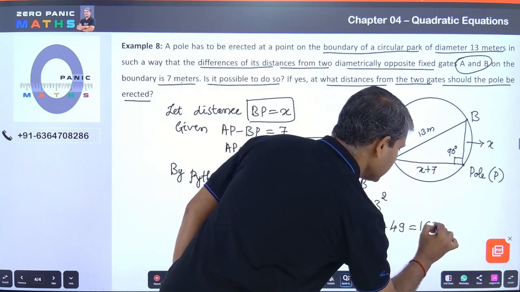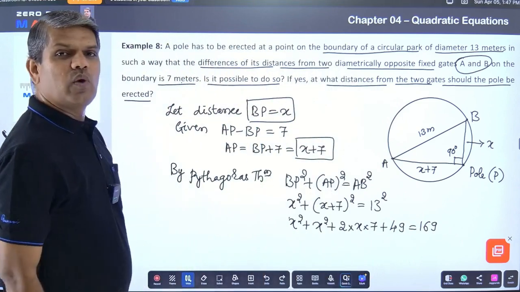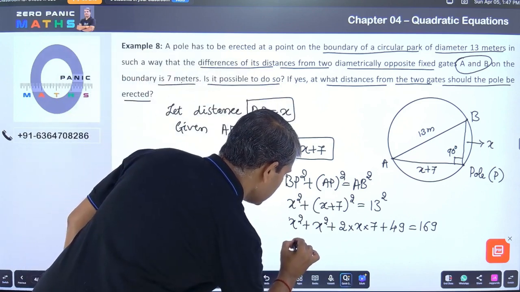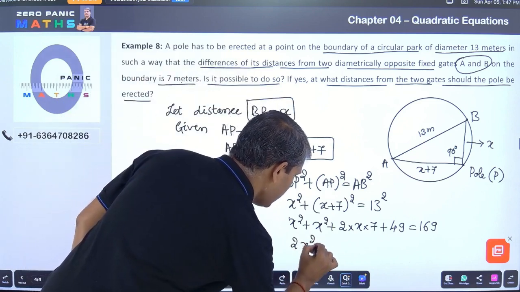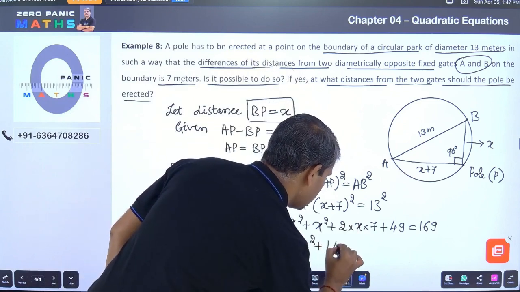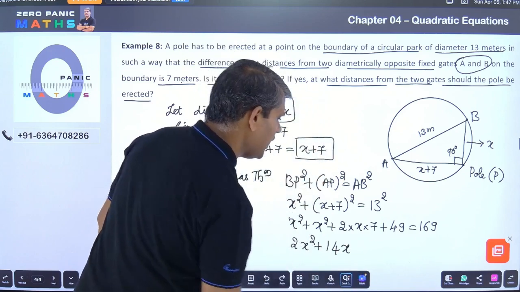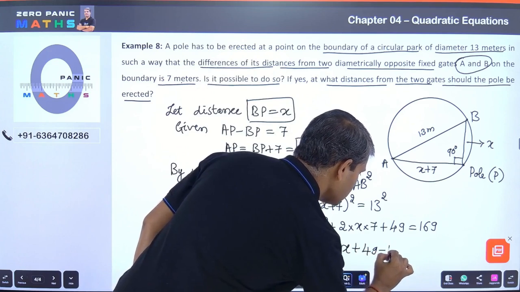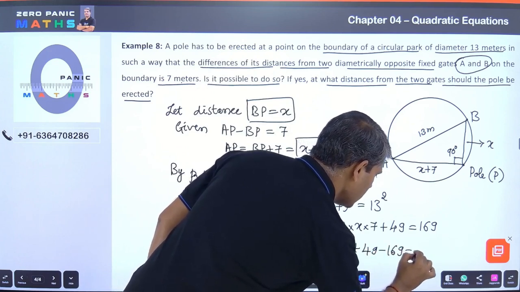I will write the square of 13 first, 169. So this is 2x square plus 2 into 7, that is 14x, plus 49 minus 169 is equal to 0.